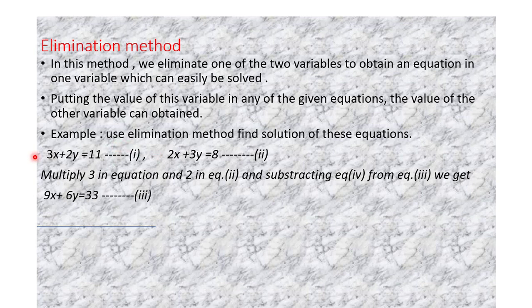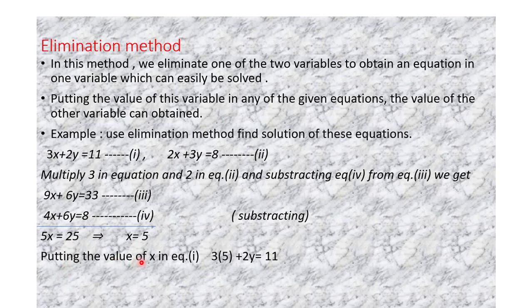When we multiply equation 1 by 3, we get 9x plus 6y equals 33. And when we multiply equation 2 by 2, we get 4x plus 6y equals 8. Subtracting, 5x equals 25, then x equals 5.